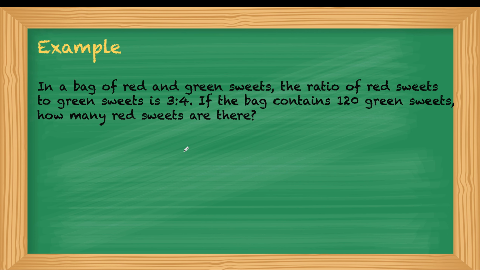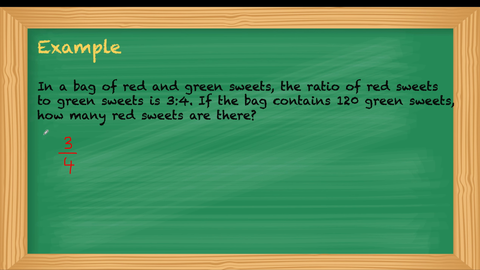All right. Now we have a different type of question here, and we're going to explore it together. Now, in a bag of red and green sweets, the ratio of red sweets to green sweets is 3 to 4, or it can be written as 3 over 4.